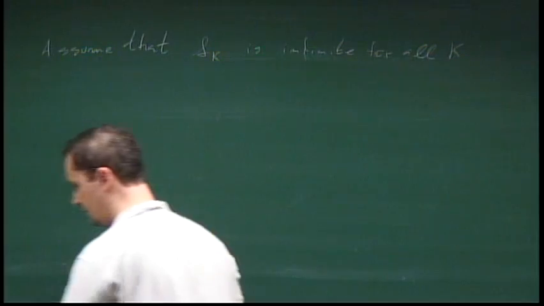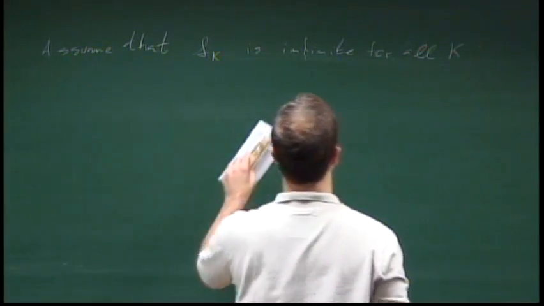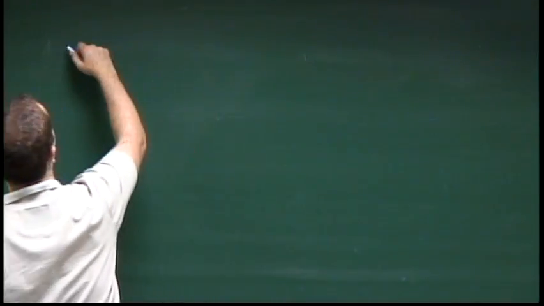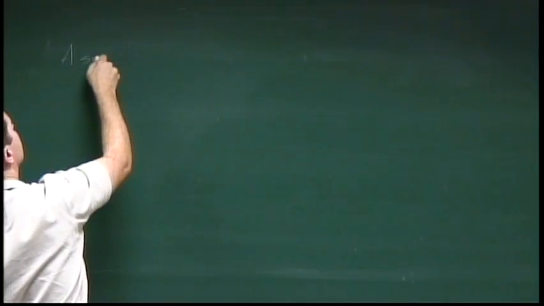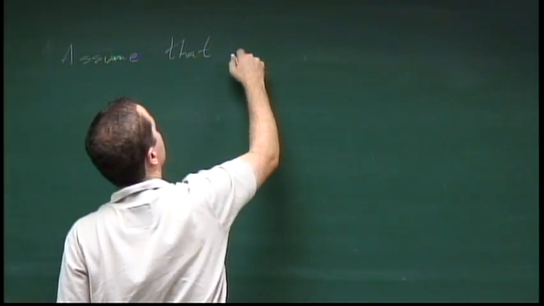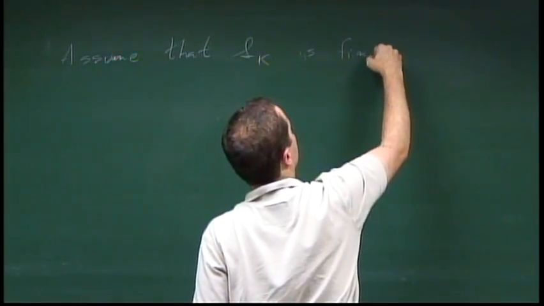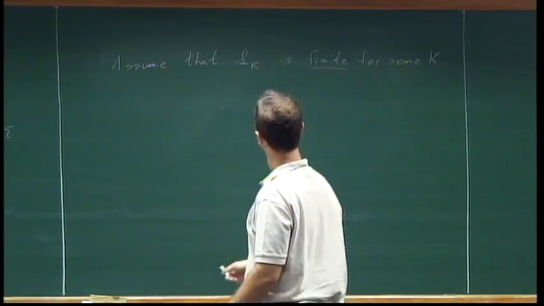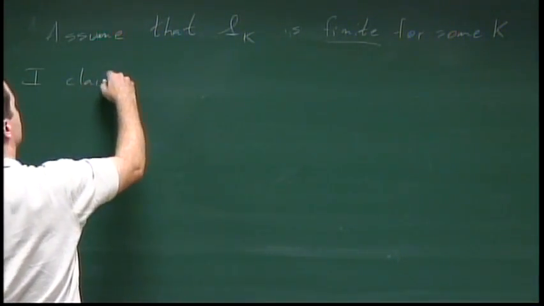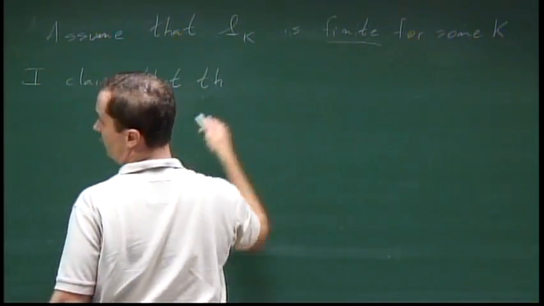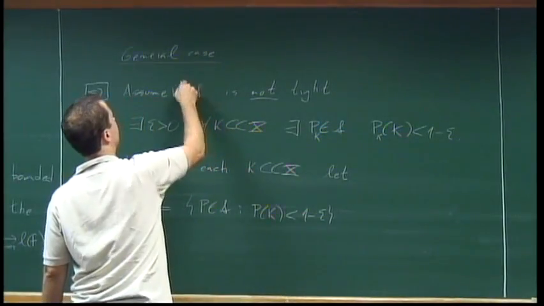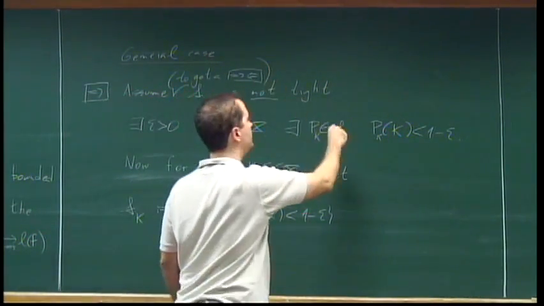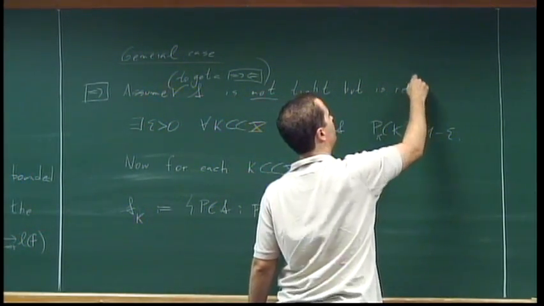Okay, so let's see. Assume that S_K is finite for some K. I claim that, and I should have said here, assume to get a contradiction that S is not, but is, relatively compact.